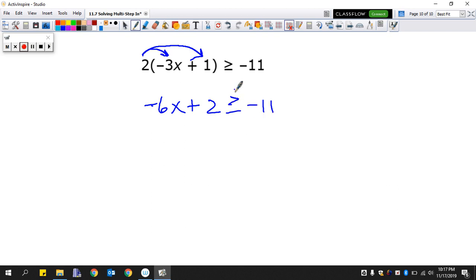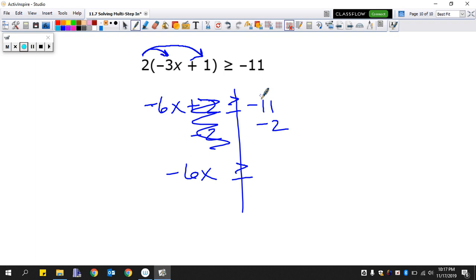All right, solve it. The opposite of addition is subtraction, so go minus 2, which cancels out. Negative 6x is greater than or equal to negative 11 minus 2, which is negative 13.